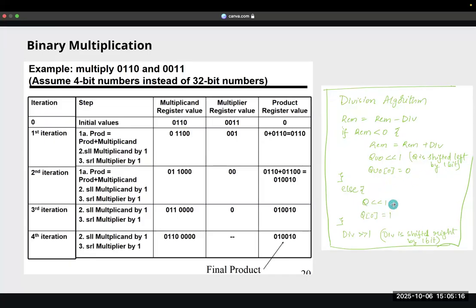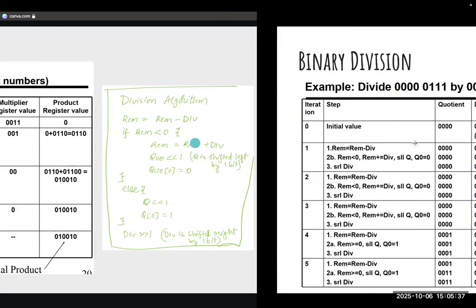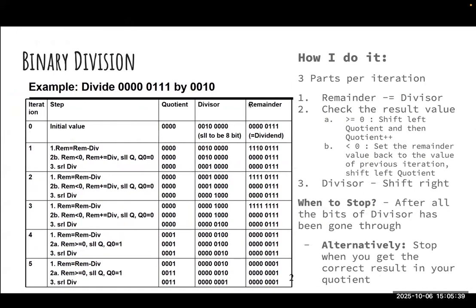If not, which means the remainder is positive, we skip that step, shift the quotient left by 1, and the new bit is 1. That's the algorithm. Now let's go back here.